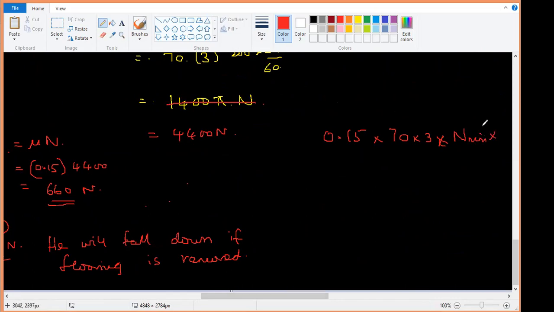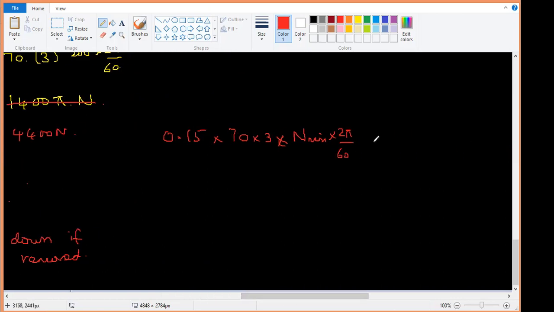RPM is 2 pi by 60 to convert it to omega. So that should be equal to 700 Newton, or this should be more than or equal to. 100 meter. So do the math and find out the n.